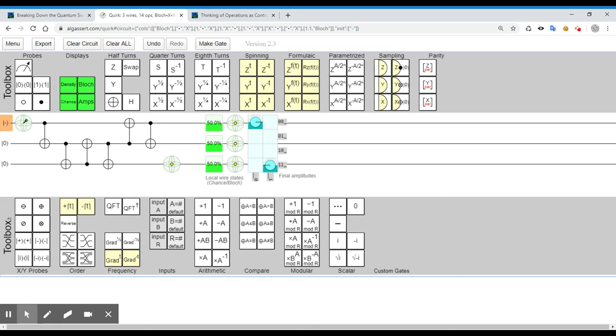This also doesn't... Okay, this works for 0 and 1. Huh. It works for 0 and 1, but it doesn't work for anything else. And if I do it this way, it works for 0 and 1. It works for plus and minus, but it doesn't... Now it works. This works for everything. Okay, interesting.